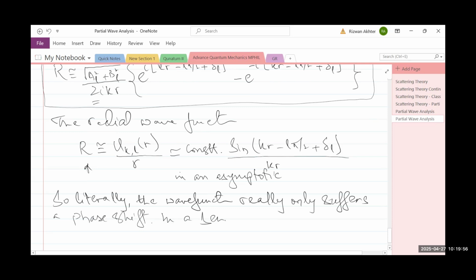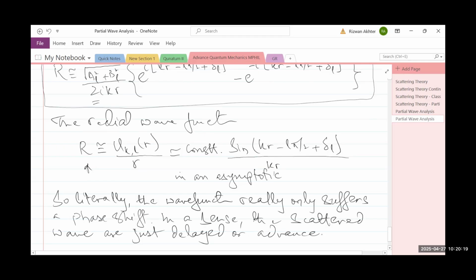In a sense, when we say in a sense, the scattered waves are just delayed और एडवांस्ड कंपेयर टू द इंसिडेंट waves.